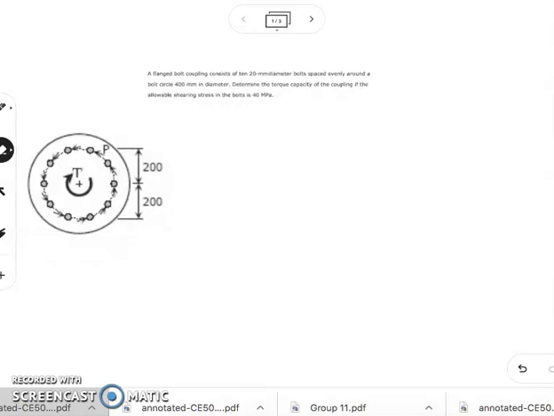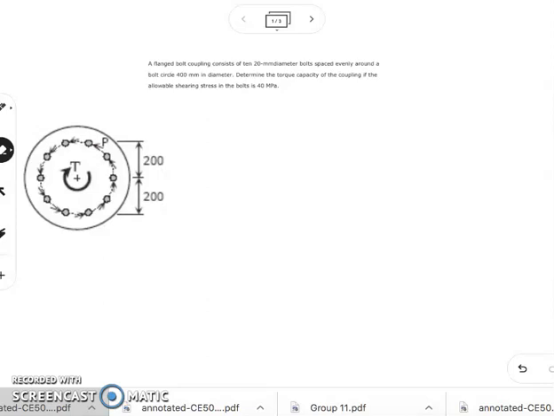We only have one concentric row of bolts, and the bolts have a diameter of 20 mm, and the bolt circle radius is 200 mm. This is the illustration for the one concentric row of bolts.